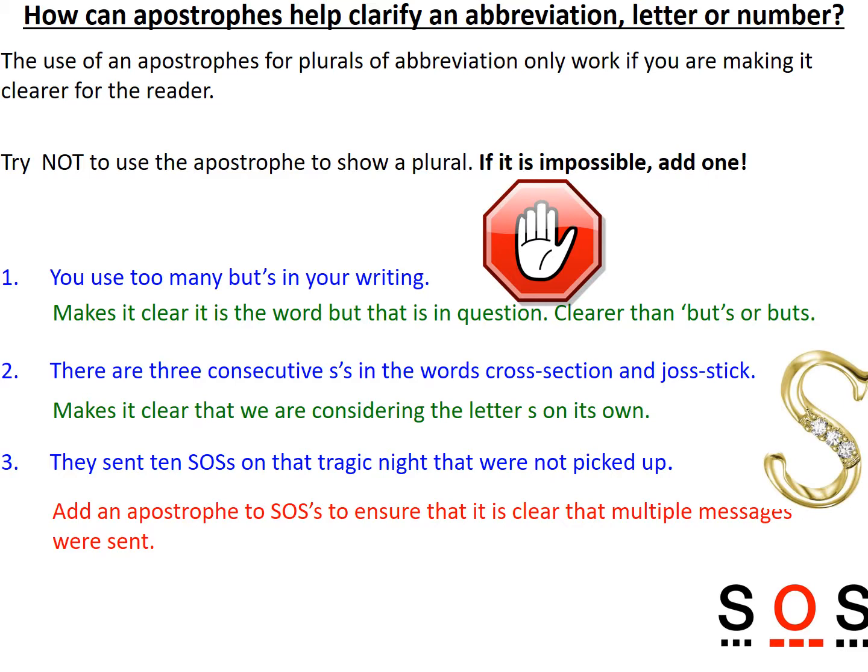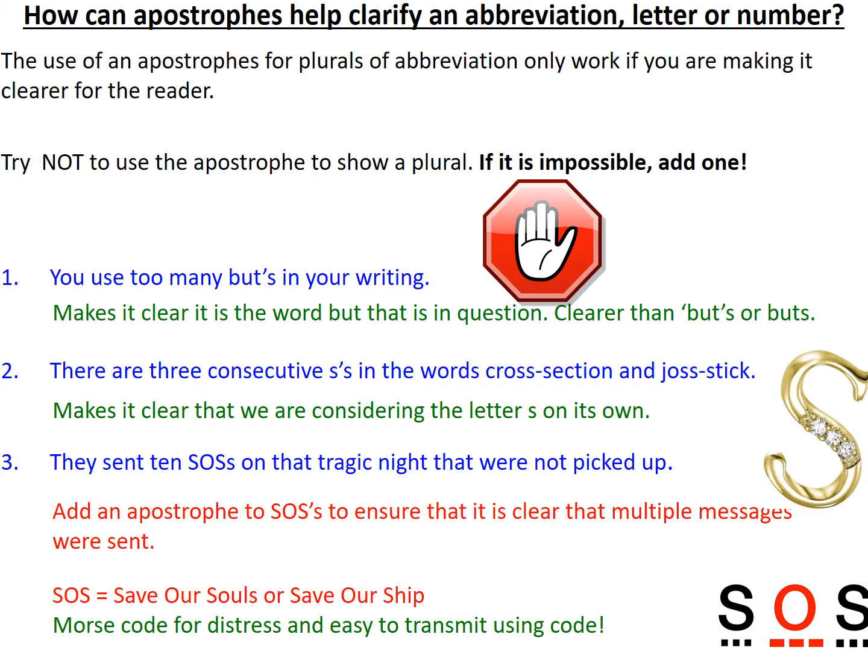And it's called a backronym because that's all hearsay. There's no fact in that. In reality, if you see here in the bottom right, I have an image for you with S with dots underneath it and a zero, well, the O with bigger dashes. That's because the message itself of SOS was Morse code for distress. And it's easy to transmit this message.